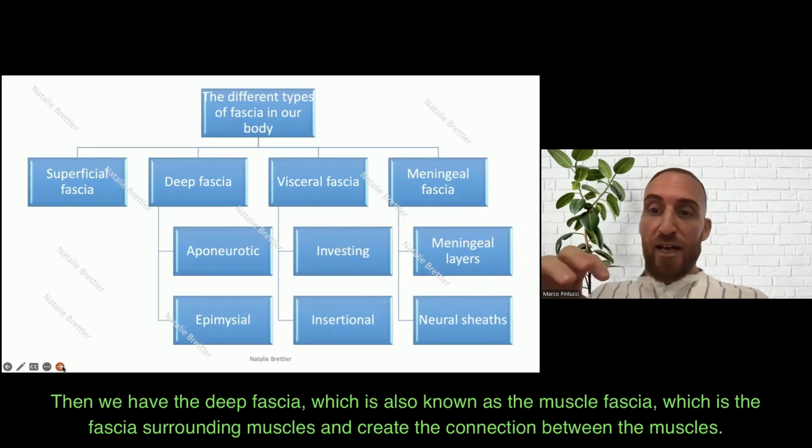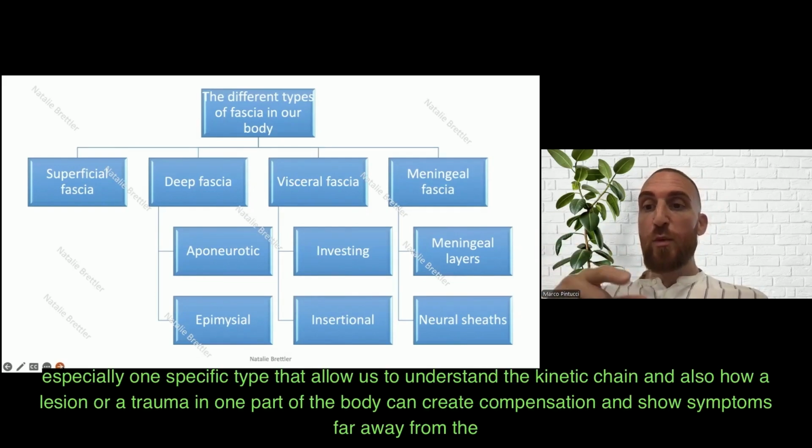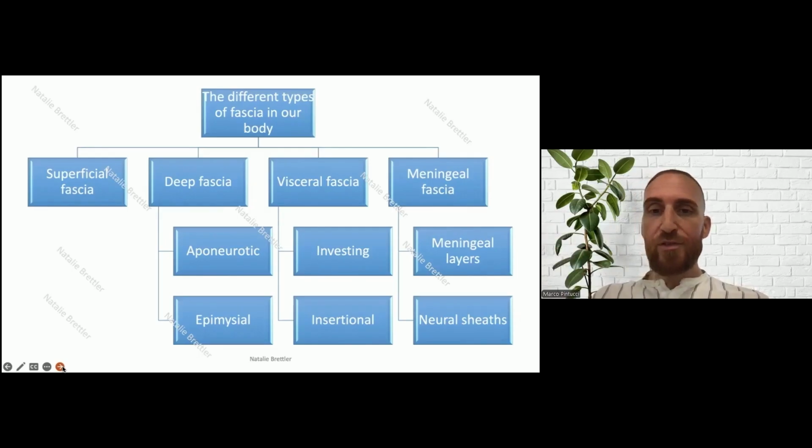Then we have the deep fascia, also known as the muscle fascia, which surrounds the muscles and creates the connection between the muscles. It is this type of fascia, especially one specific type, that allows us to understand the kinetic chain and also how a lesion or a trauma in one part of the body can create compensation and show symptoms far away from the original site of trauma or surgery.